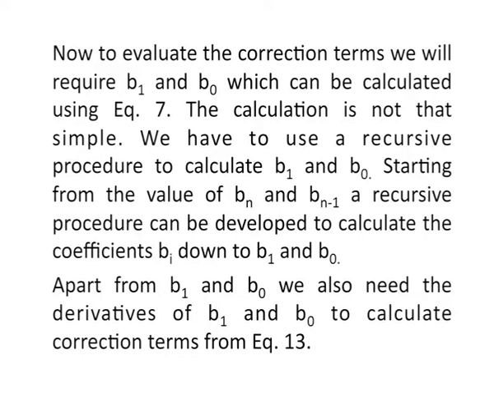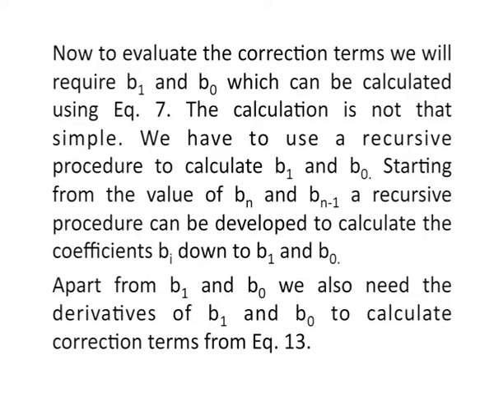To calculate b 1 and b 0, you need b 2 and b 3, for that you need b 4 and b 5, for that you need b 6 and b 7. Continuously you need to move upward, up to a n and b n. So, we need to use equation 7 recursively to find the values of b 1 and b 0.